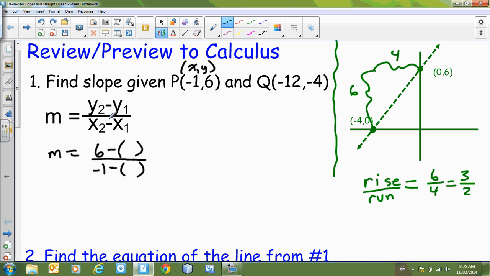So I have a negative value here and here. Sorry, I have a subtraction here and here. I'm going to have y and x values here that happen to be negative as well. And so, of course, -4 is my y, -12 is my x. And now I've got 6 minus -4. I'm taking away negative values, which means I'm going to get more positive. Here again, -1, I'm taking away the negativity, and so I'm becoming more positive. And so my slope here is 10 over 11.